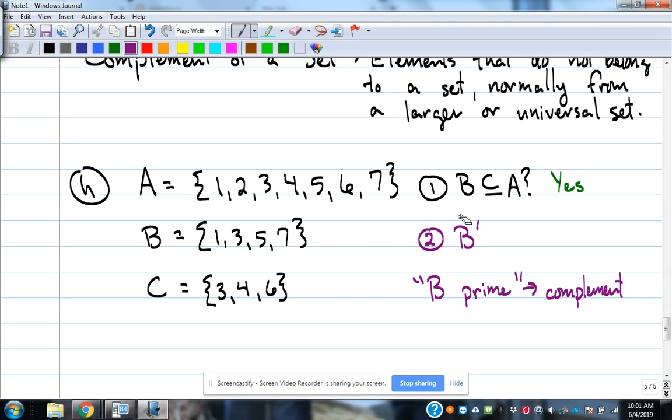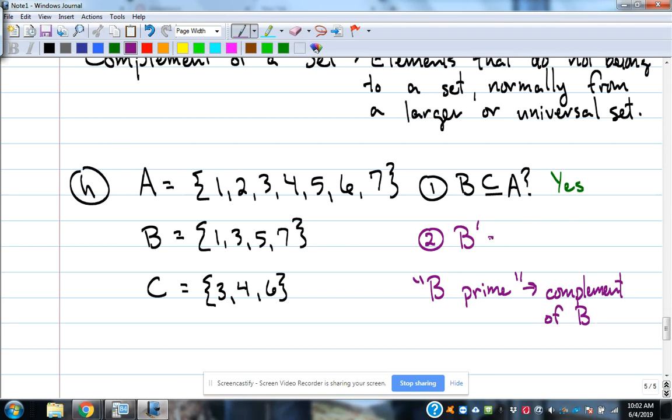B prime is the complement of set B. So the set is named B, we put a little apostrophe on it, that's called B prime, and that's the complement of B.